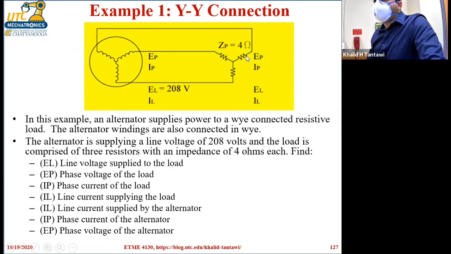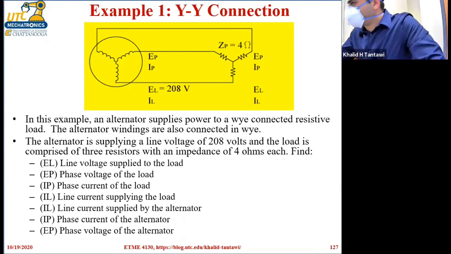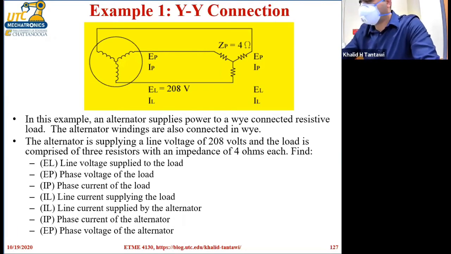Now, is this a case that you encounter? Usually, yeah. If you have a single load, whether it's a motor or something else, it's going to be balanced. But if you are powering a big system that includes multiple motors and multiple loads, then it's a different situation.